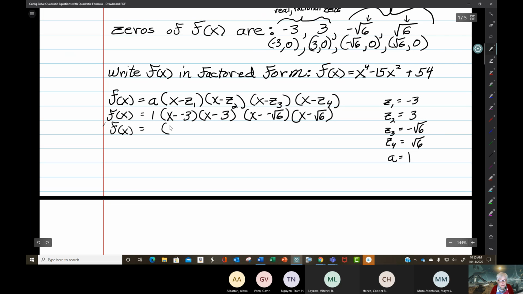Minus minus is plus, so this will be x plus 3 times x minus 3 times x plus the square root of 6 times x minus the square root of 6.